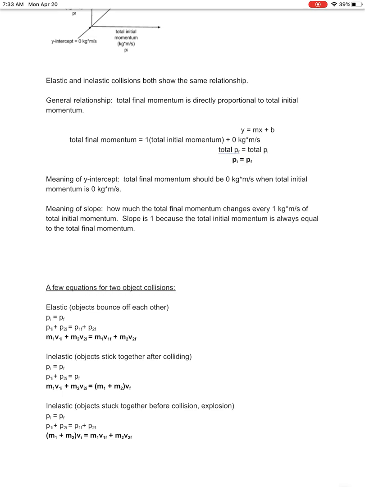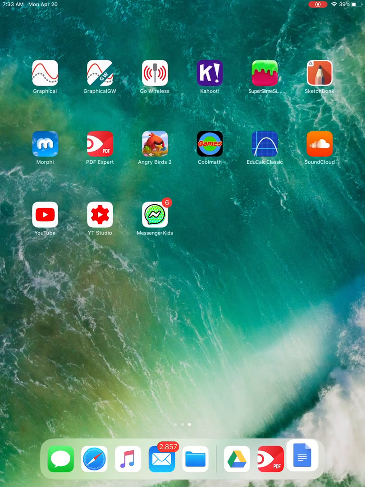And then that will be equal to the mass times the velocity of each object separately. So those are the three big equations that you will use, but they all go back to one thing. Total initial momentum is equal to total final momentum, and that's because of what is called the conservation of momentum.